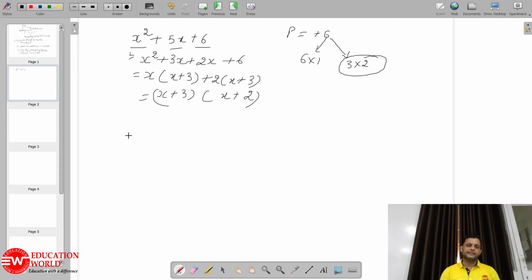So let us do the same question. Now I will put negative in the middle. See here, same question, but in place of positive I put here negative. Again I have to split this, and the product is again positive in this case.